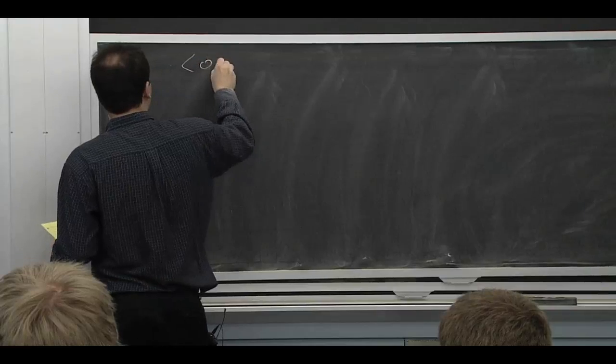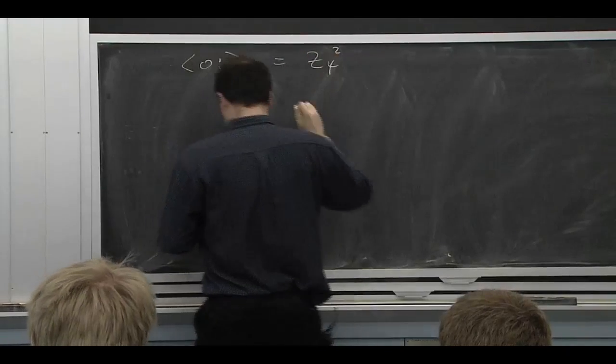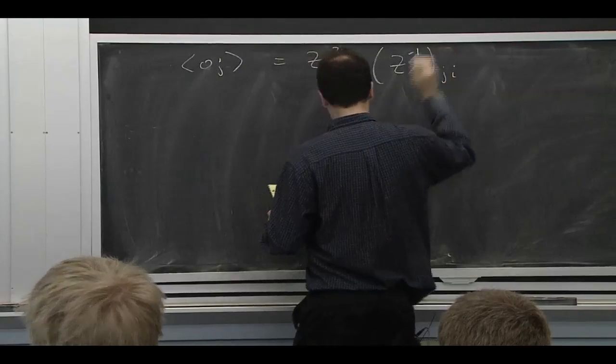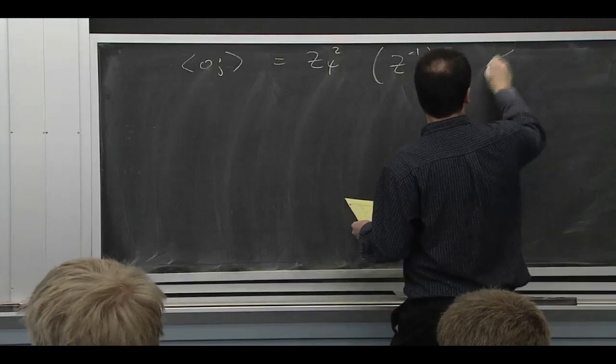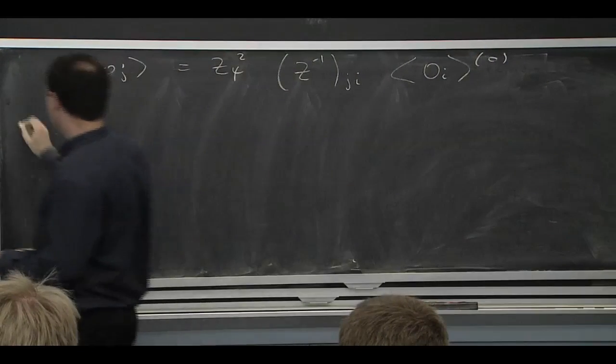I'm going to need the other way around, so let me write that. So I can write this relation the other way around, and then it looks like this. OK, so that's one method.